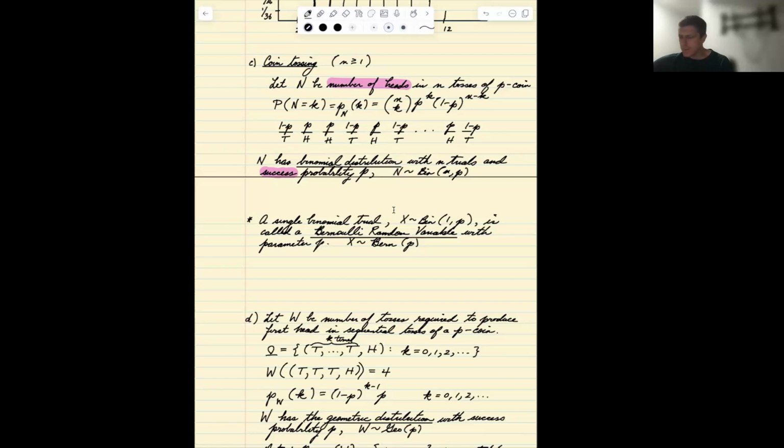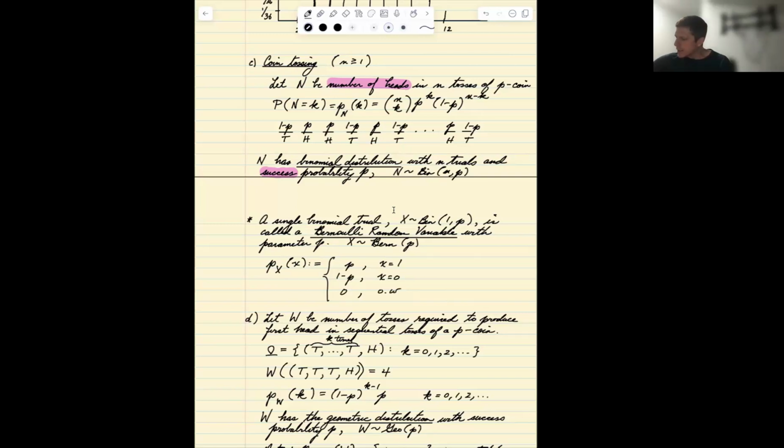And the probability mass function is, in this case, p if x equals 1, 1 minus p if x equals 0, and otherwise 0 mass. So it's just a random variable that takes the values 0 and 1.